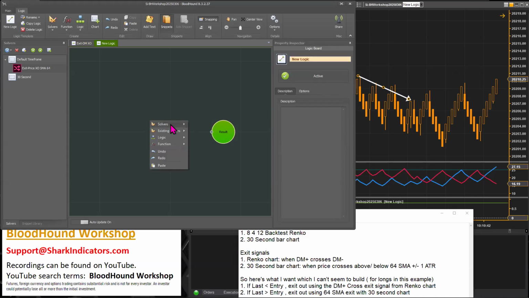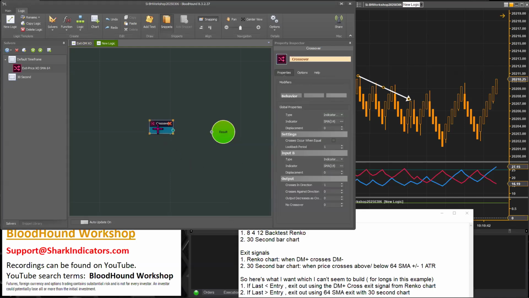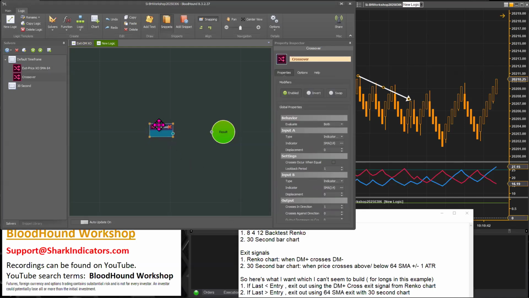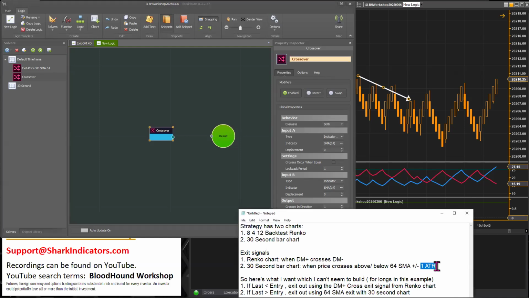Now, what I just kind of realized, because I actually had a different idea as to how to approach this, is the crossover solver does not have the ability to add or subtract an ATR.